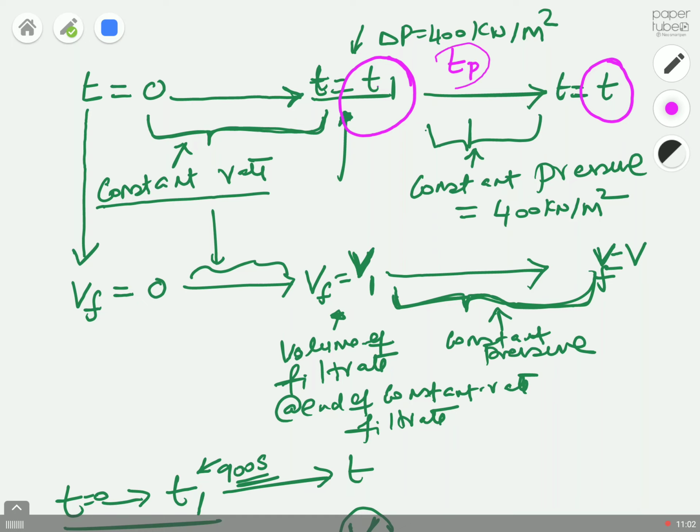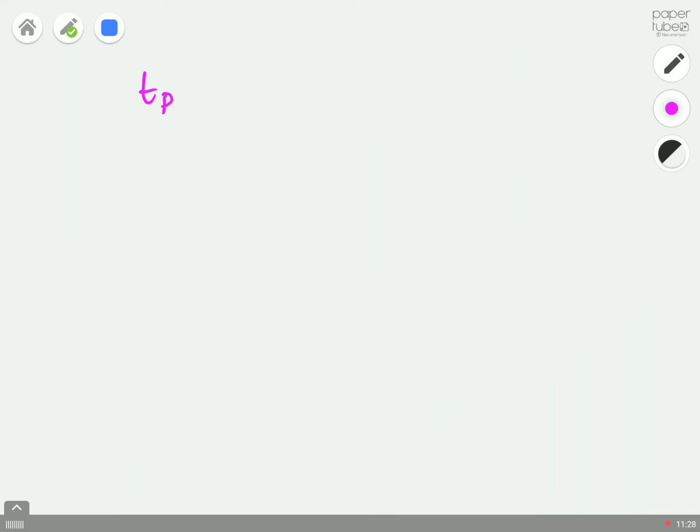So Tp will be the time from time T equal to T1 to time T equal to T. P means constant pressure, so the suffix P stands for constant pressure time.